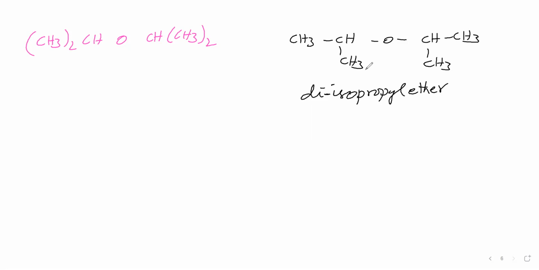IUPAC name in the sense, we have to first select the parent chain. Select the alkane part. Suppose we are taking this as the alkane part, then this is the alkoxy part. In this alkoxy part, 3 carbon atoms are present, therefore prop and oxy, we will write propoxy.